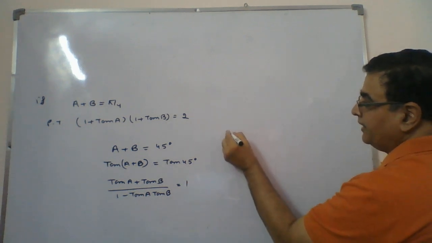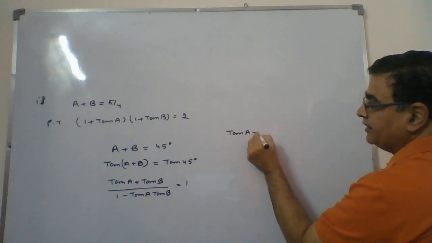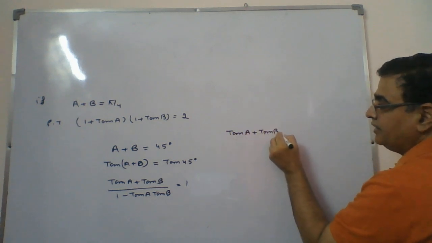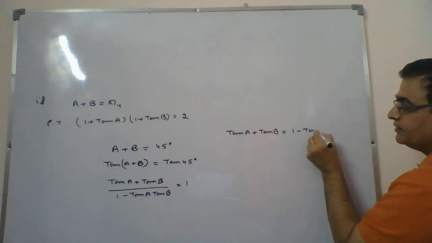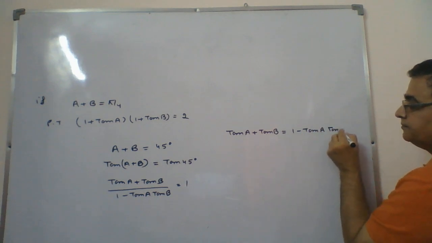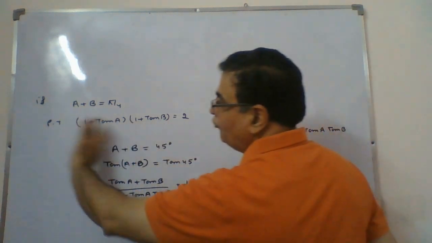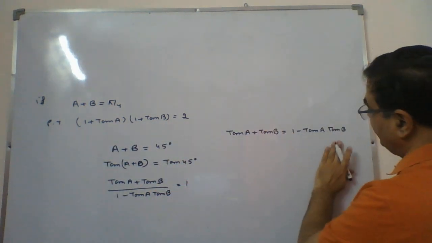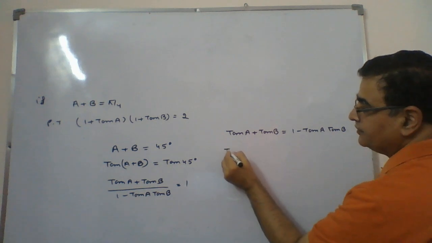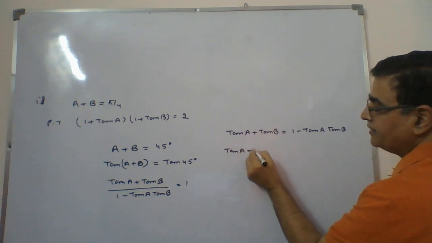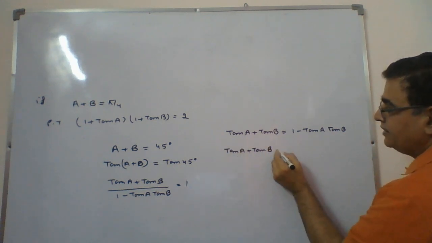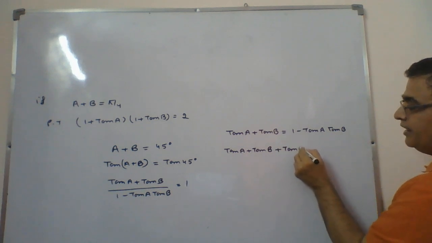Now we'll cross multiply this result, so I get tan a plus tan b is 1 minus tan a tan b. Now just check here, all tan and tan on one side, the left hand side, so I'll take tan a tan b to this side. So I get tan a plus tan b plus tan a tan b.